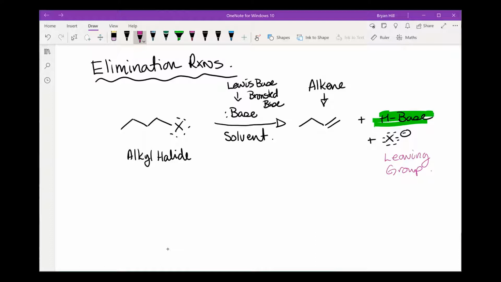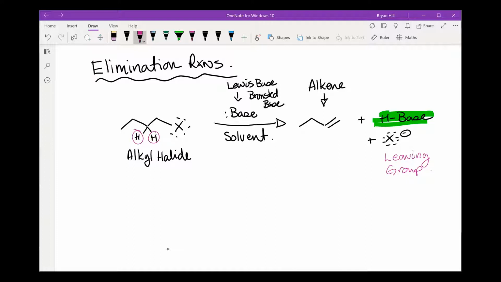Now, the key point is that in an elimination reaction, protons are going to be removed from the carbon next to the leaving group. So you're going to be removing one of those two protons to make the double bond.